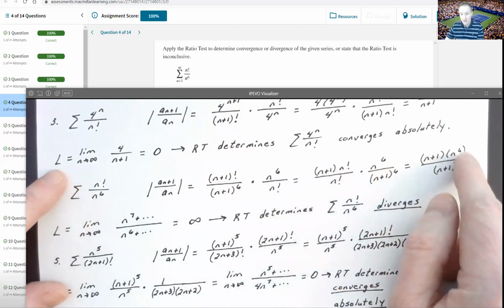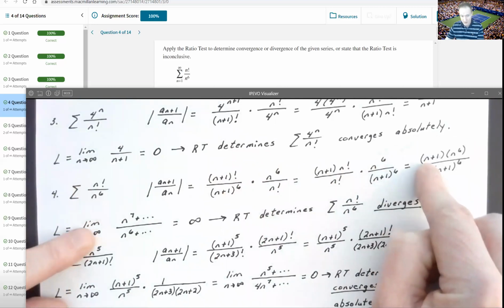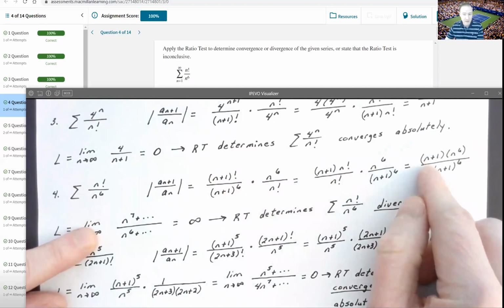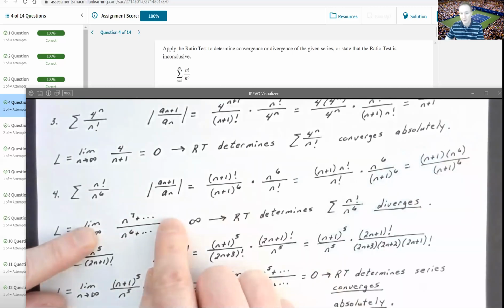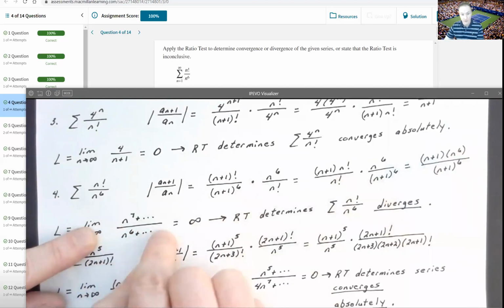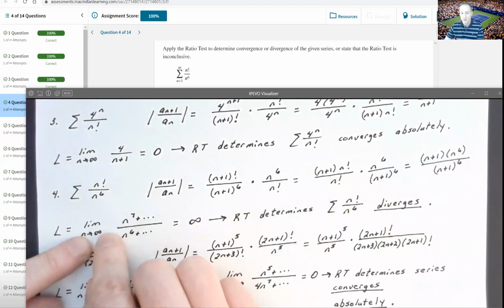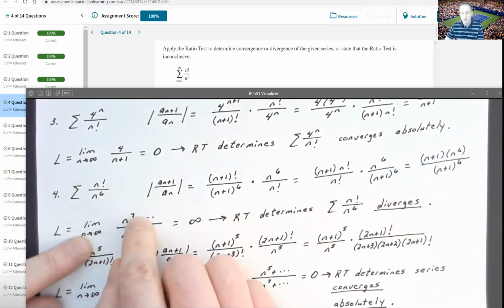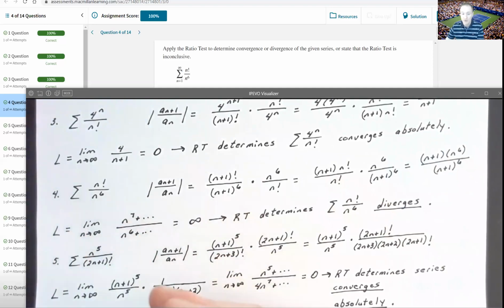Now, what I've done here is I went ahead and distributed this n to the 6th through that group, and I can say, well, then clearly my numerator is going to be a polynomial in terms of n with a leading term of n to the 7th. The rest of the terms are really irrelevant. The denominator would be an n to the 6th, and again, the rest of the terms are irrelevant. Because now you can see, well, if n goes to infinity, this numerator is going to be infinitely times larger than that denominator because it's another power of n greater.